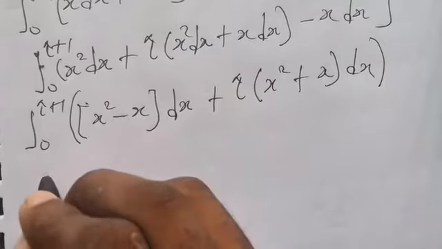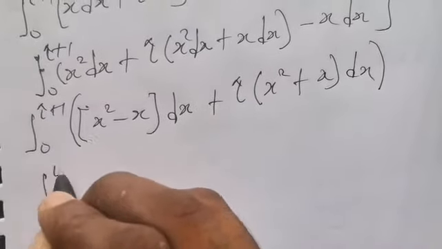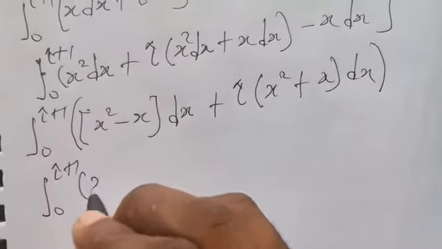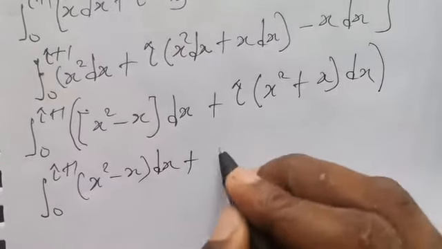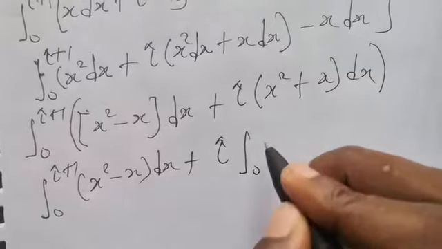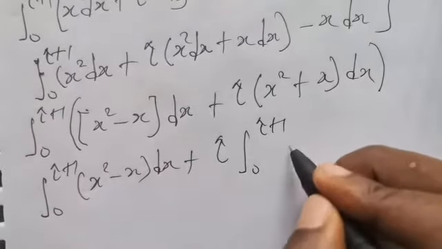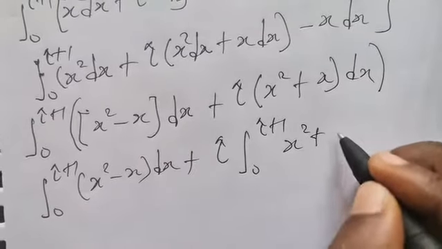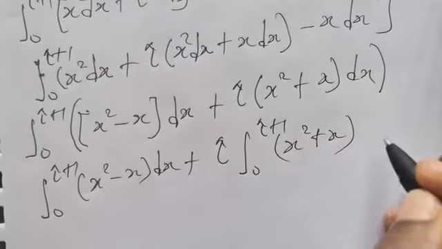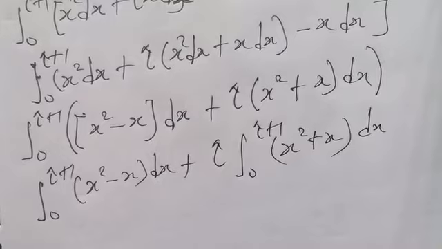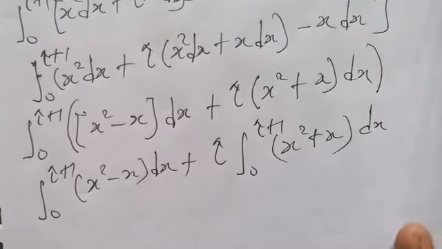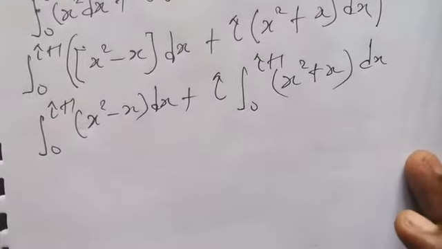So this is now integral from 0 to i plus 1 of x squared minus x dx, plus i integral from 0 to i plus 1 of x squared plus x dx. So you see now that everything has transposed in terms of x, so we can easily carry out our integration.